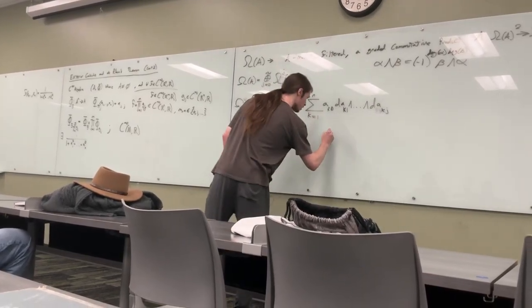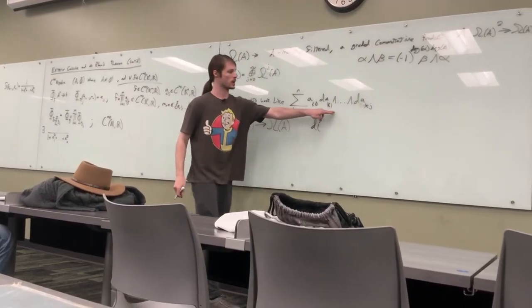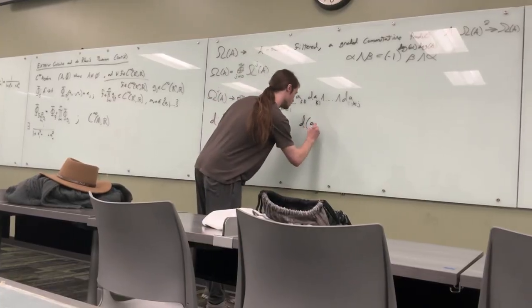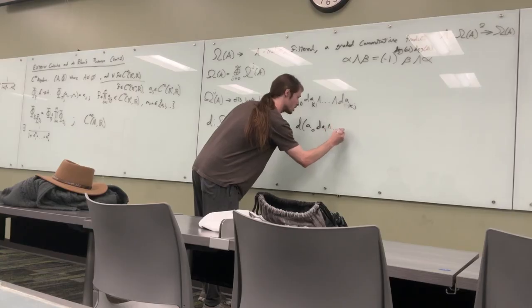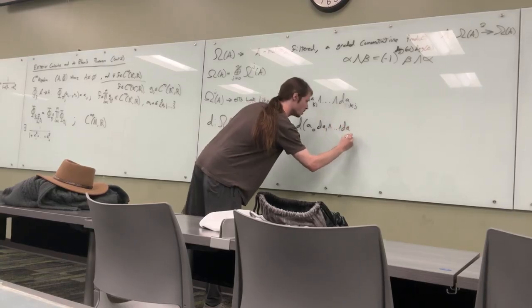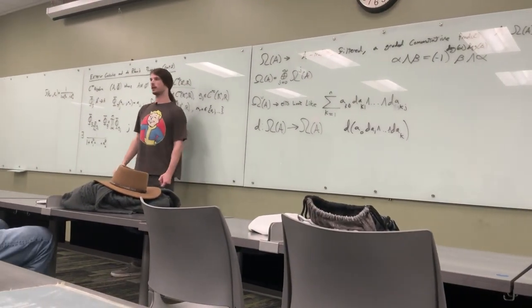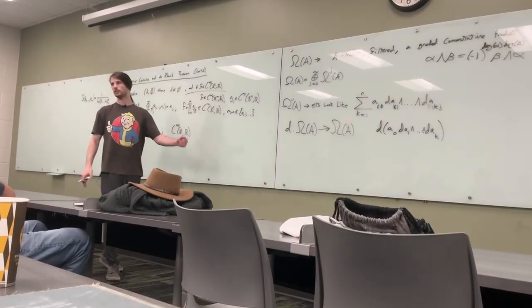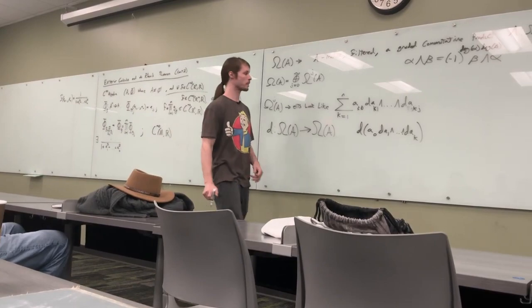It has a chain rule that it satisfies with respect to the scalar multiplication part of such elements. So if I were to write a0 d a1 wedge, all this extra junk, a k. So there we go. That's a basic element. Everything in the space of k forms is sums of these, and d is additive. So if I show you what happens for one of these, you know what happens for everything.